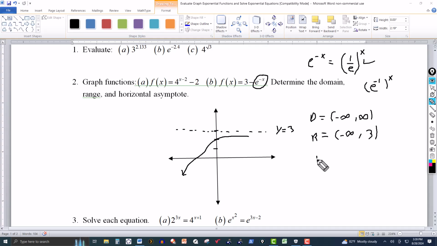And then of course the horizontal asymptote is y equal to 3. So we start off with your basic one here. It was coming down like this. And then the negative reflected it. And then the 3 that was added moved it up 3 units. So the horizontal asymptote wound up at y equal 3.